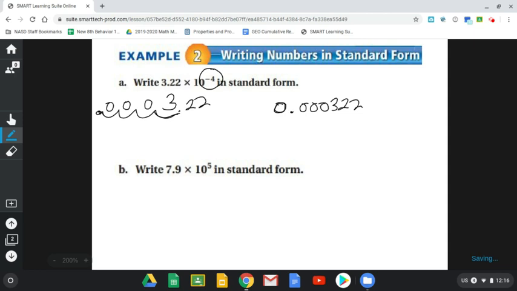And there's a key thing for us to realize here. A negative exponent is always going to lead to a number that's less than 1.